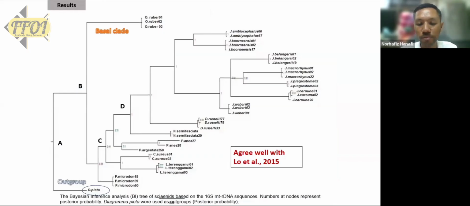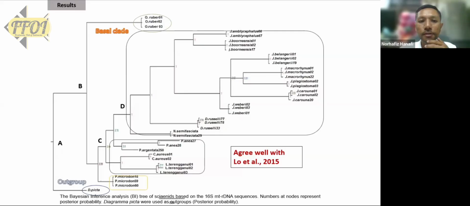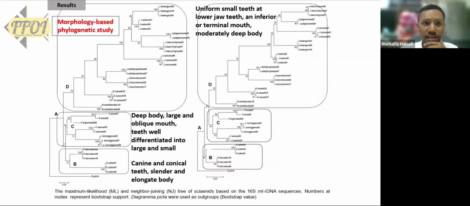I provide the phylogeny information, and my phylogeny agrees well with Law et al. 2015. And the morphology, according to the position in the phylogeny, I try to implement as a morphology-based phylogenetic study. What does that mean?